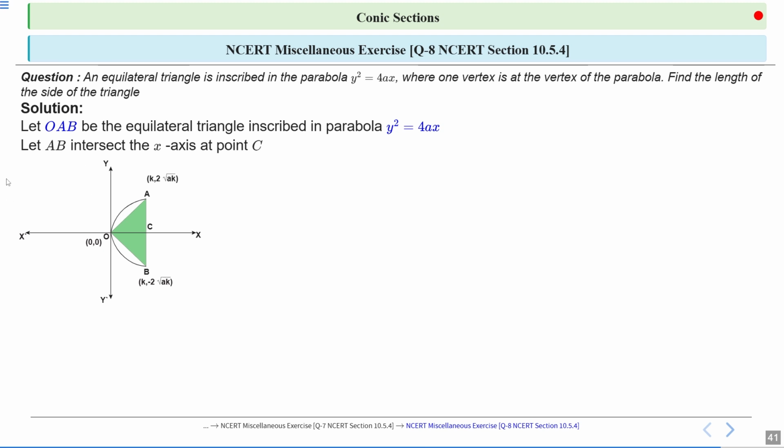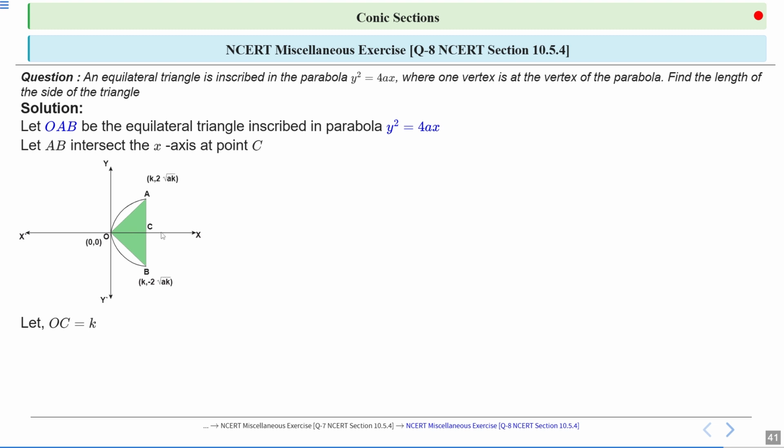So this is the diagrammatical representation of the equilateral triangle inscribed in the parabola y square is equal to 4 times x. Okay, so you can visualize here, this is our equilateral triangle OAB. Okay, and this is the parabola y square is equal to 4 times x. So first let OC is equal to k.